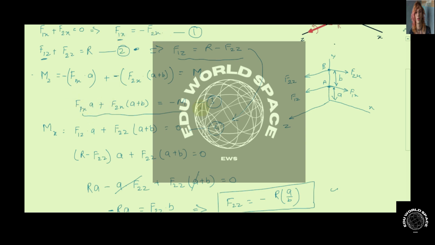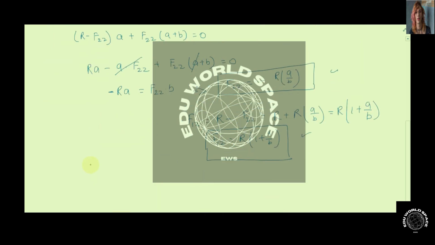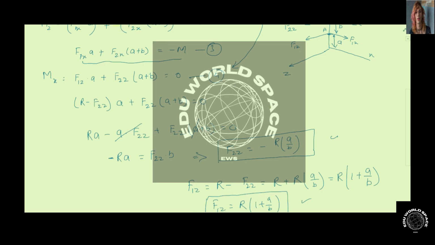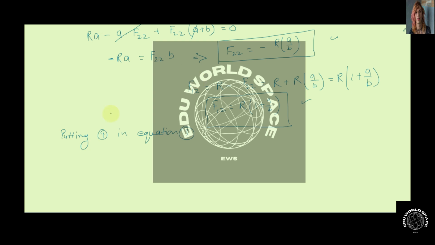So we can replace F1x, putting it in equation 3, and we can replace this value F1x by minus F2x. So from here we can get the value of F2x.